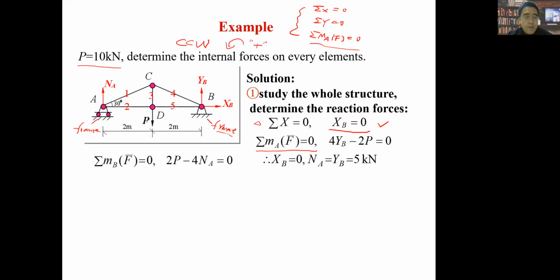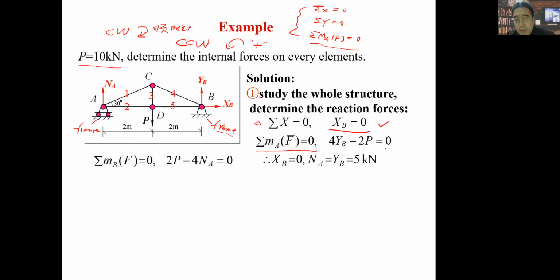And there is another force acting at point D, but its direction is downward. So this P will have a moment about point A in the CW direction, clockwise, which in Chinese we call 顺时针, along the direction of a clock. So it will be negative. So we have minus 2 meters times P equals 0.